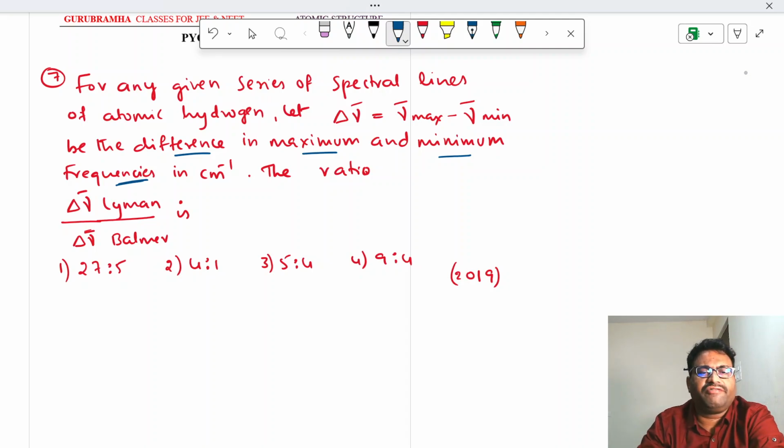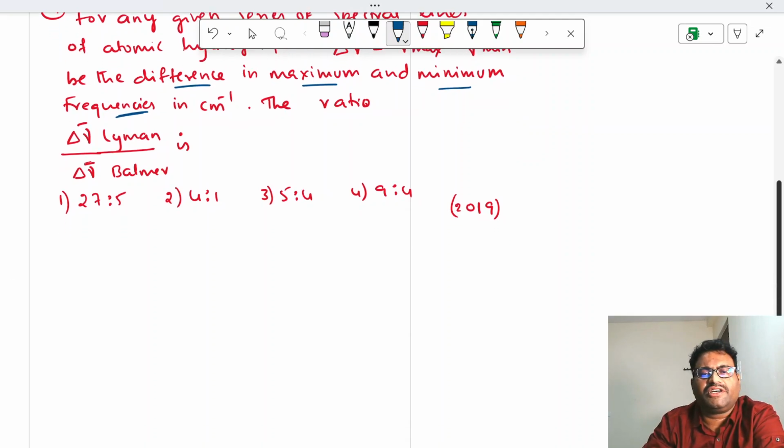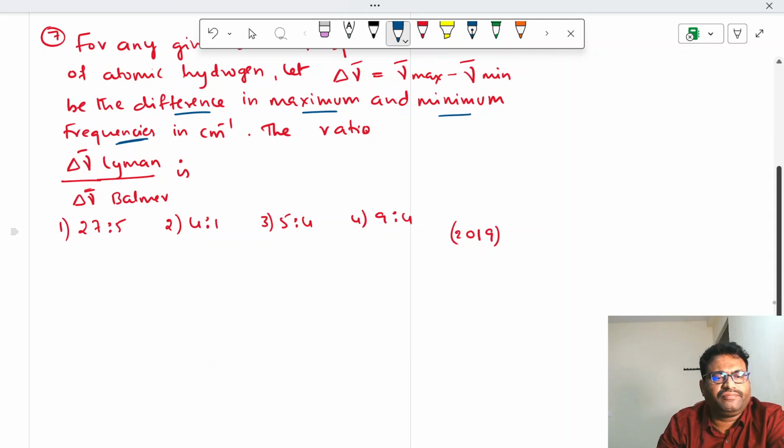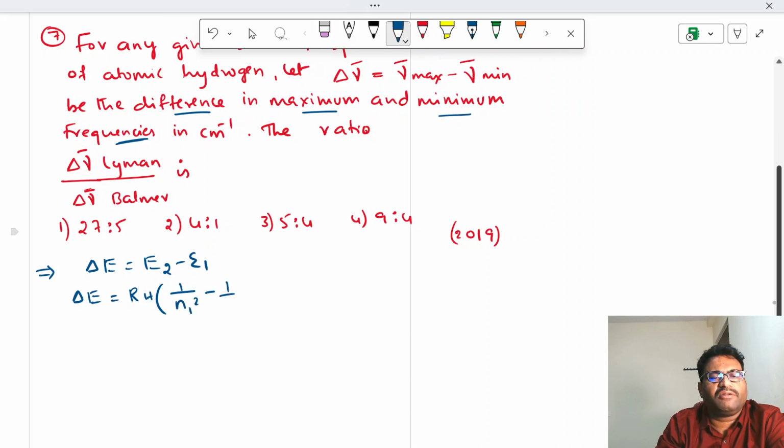So we have studied from the Rydberg formula. What did we study? Delta E is equal to E2 minus E1, which we have written as RH into 1 by N1 square minus 1 by N2 square.